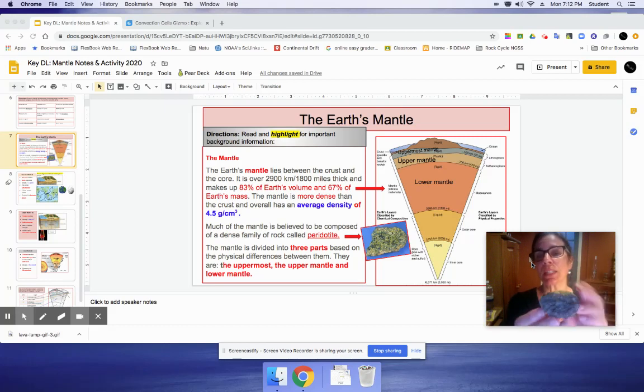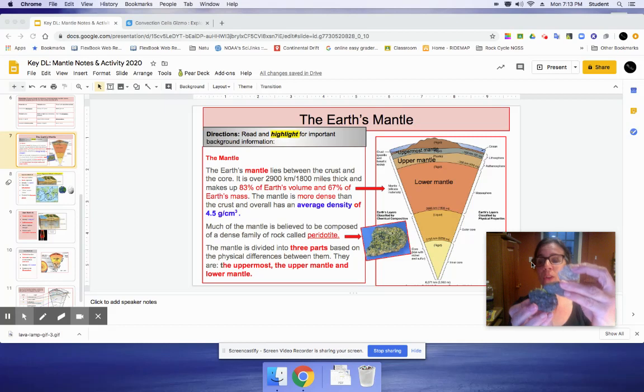So this is just a sample of the peridotite that is really representative of the Earth's entire mantle. Scientists really believe that this is the rock that represents most of the mantle, and it's more dense than both the ocean crust and, whoop, can I get all three in my hand? The continental crust. All right.